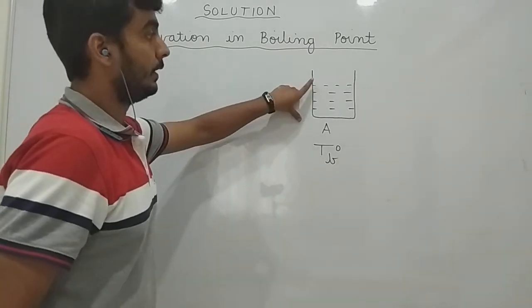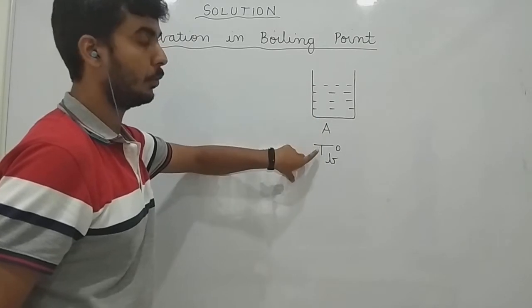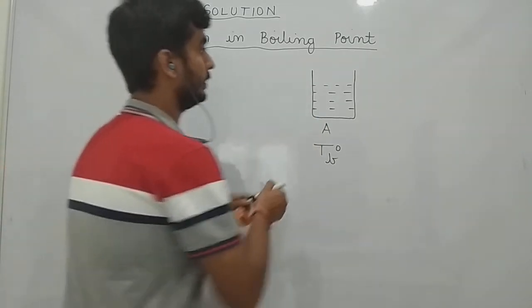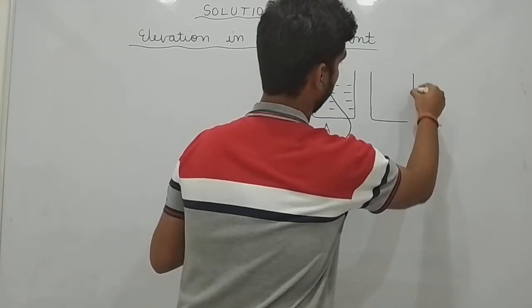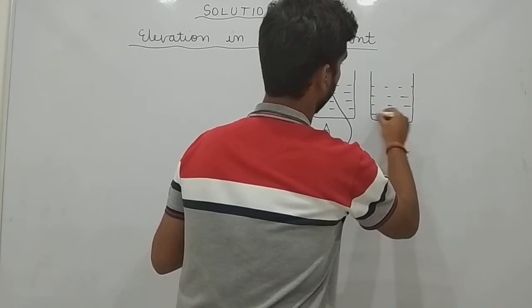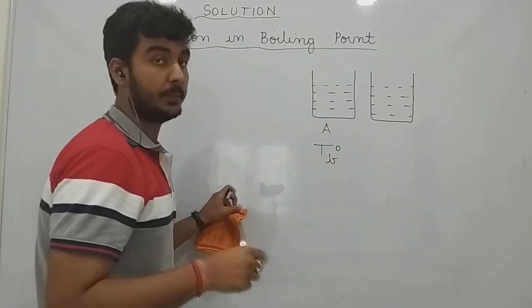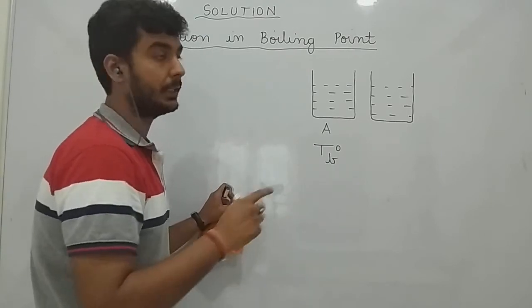So there is a solvent A present in a container and its boiling point is Tb naught. Suppose I mixed some non-volatile solute to solvent A to prepare the solution.